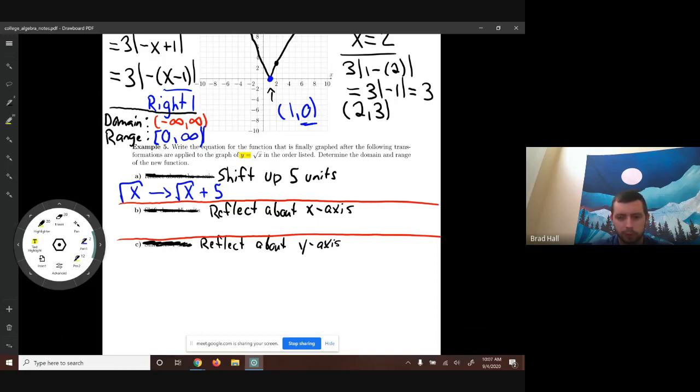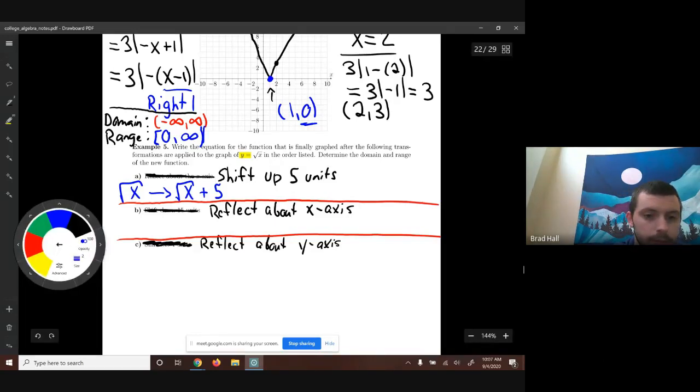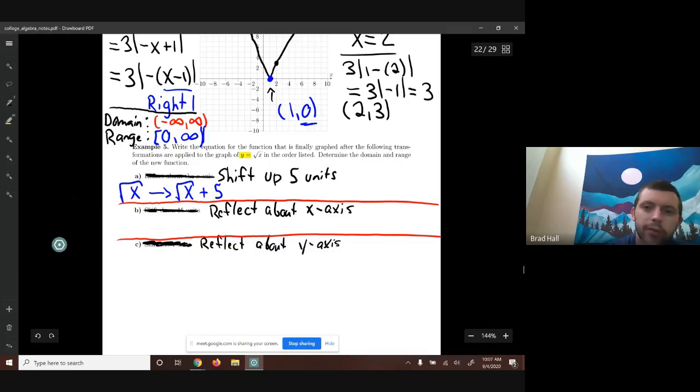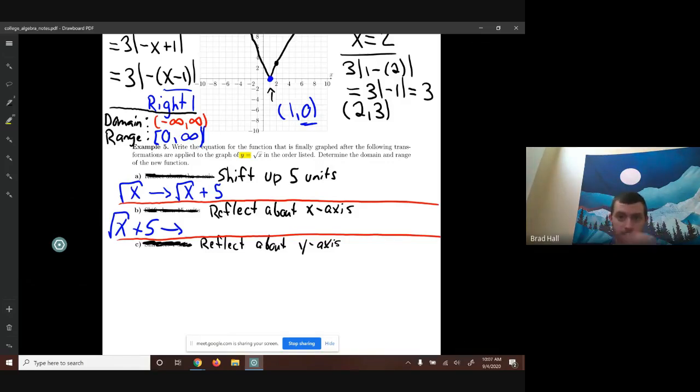So far so good. That part isn't the tricky part. It's the next part that is the tricky part. And since we're applying these transformations sequentially, we want to take that last result and now find a way to reflect that about the x-axis. Now, when you reflect about the x-axis, remember from before, what that translates to is we make the whole function negative.